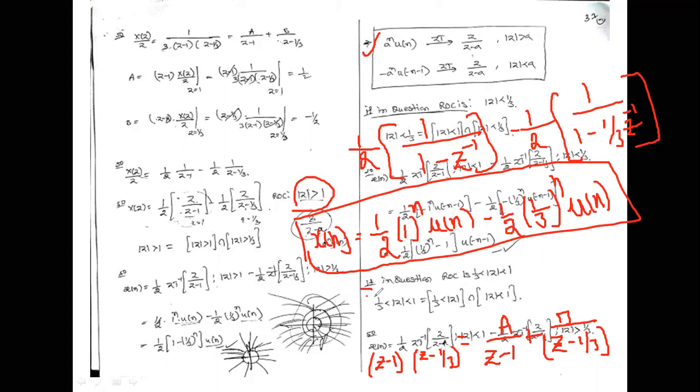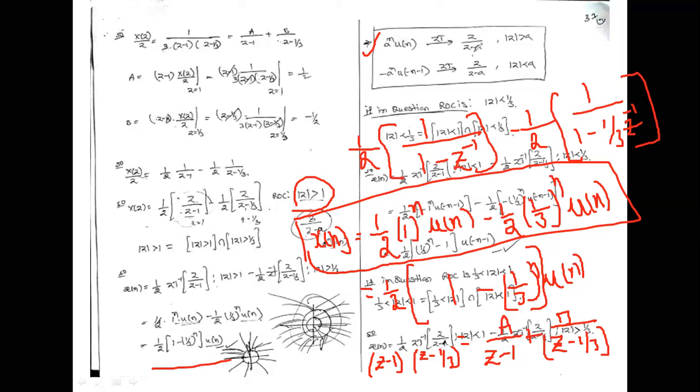Take the 1 by 2 as common: mu of n minus 1 by 3 whole power n mu of n. You can take mu of n as the common term, and you'll get 1 by 2 into 1 minus 1 by 3 whole power n mu of n only.